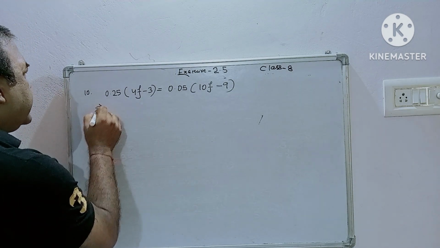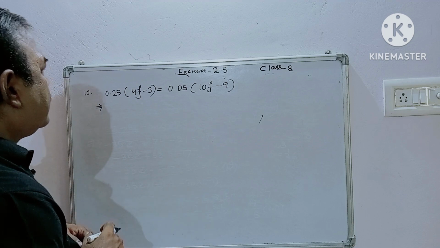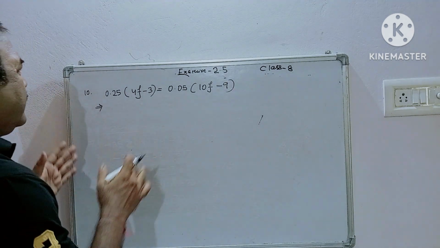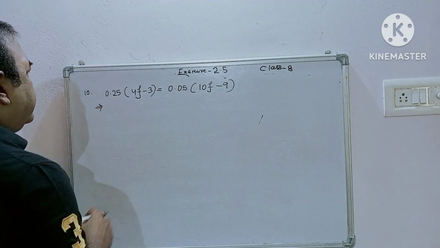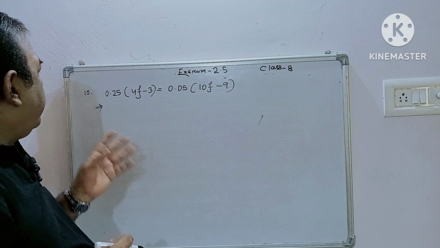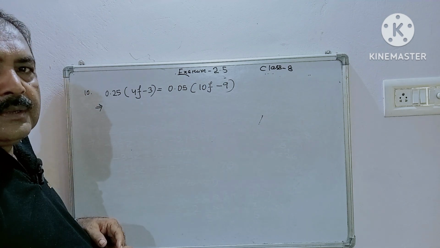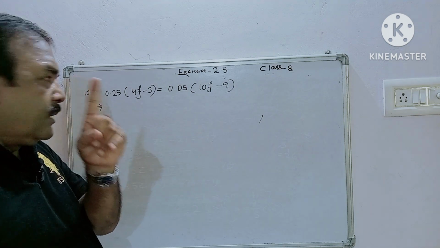So that implies, you see, we will have to simplify first, then we will solve it. Okay? Now we will have to simplify here. You see 0.25 into 4f. You know there are how many 0.25 in 1? There are 4 numbers of 0.25 in number 1.